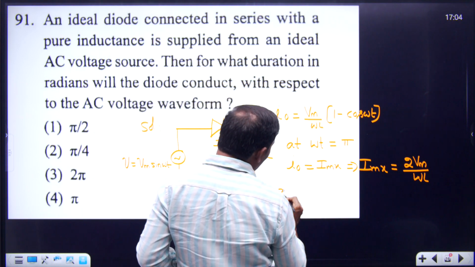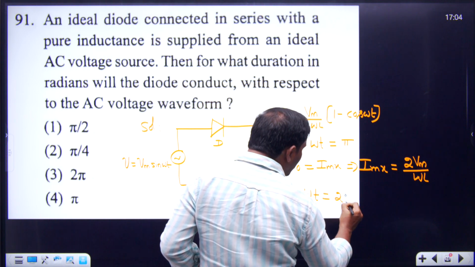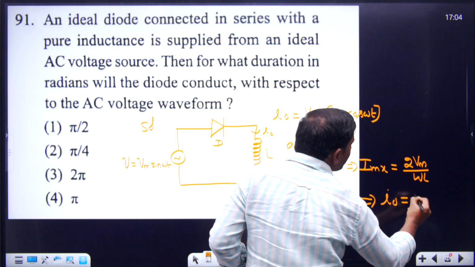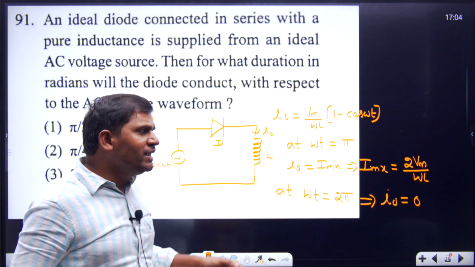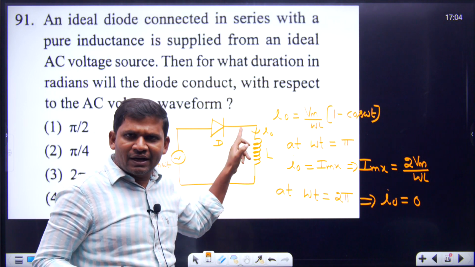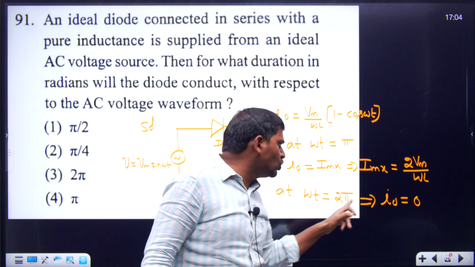Where is this current 0? At omega t equal to 2 pi only, i naught is 0. That means the diode starts conduction during the positive half cycle, starting from 0, and the current is 0 again only at 2 pi.